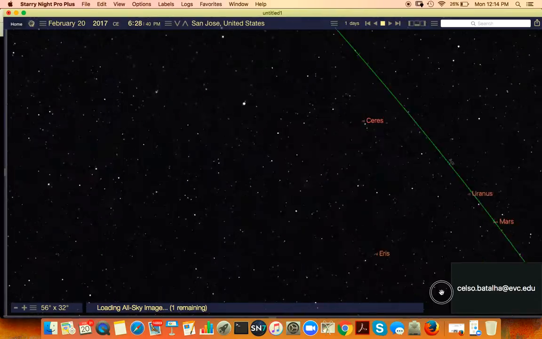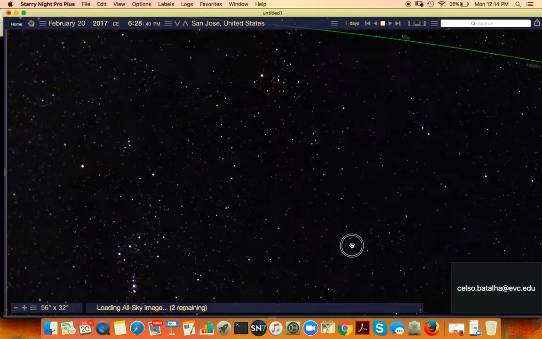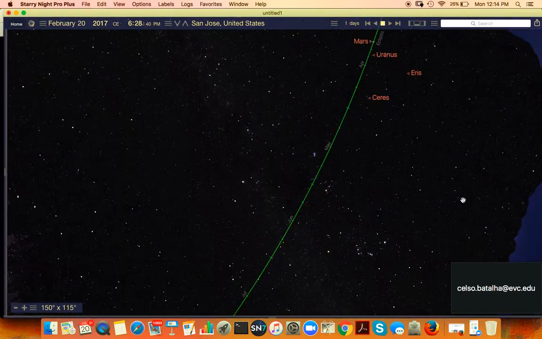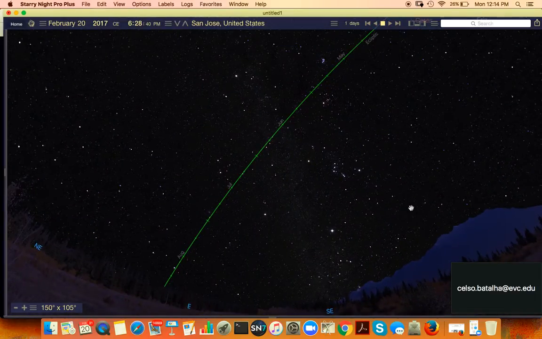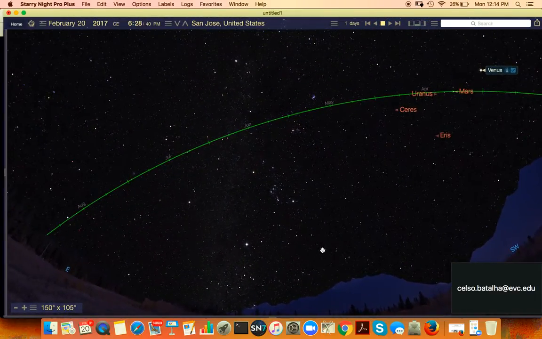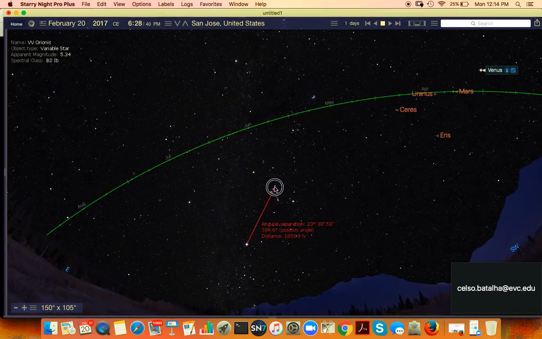Uranus, you can't see it. And then if you follow the ecliptic, let me reduce right here. The sky is quite impressive because Sirius is the brightest star in the sky, and you can see Sirius quite well. And an asterism, Orion's belt, is aligned in a way that you can follow Orion's belt and find Sirius quite well.